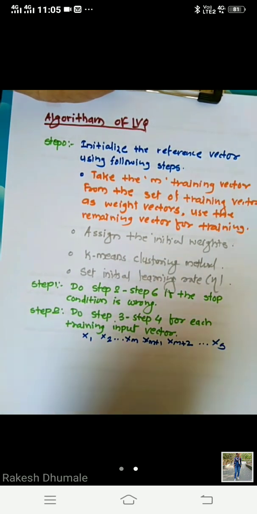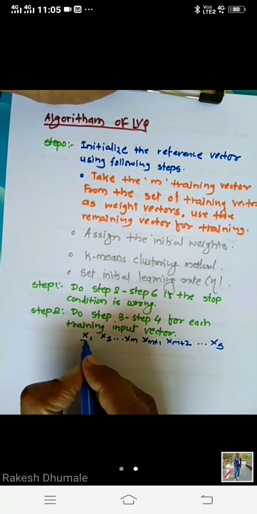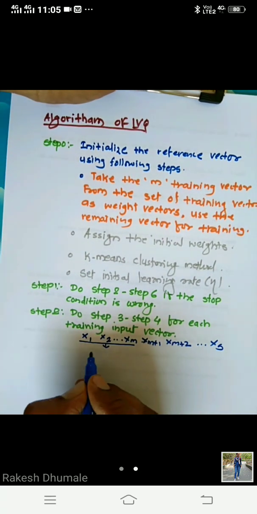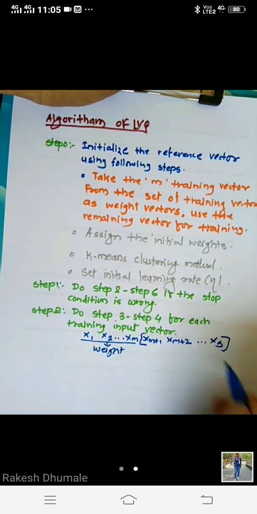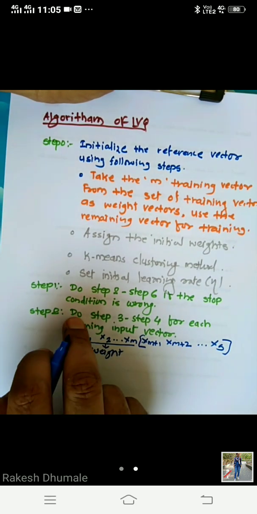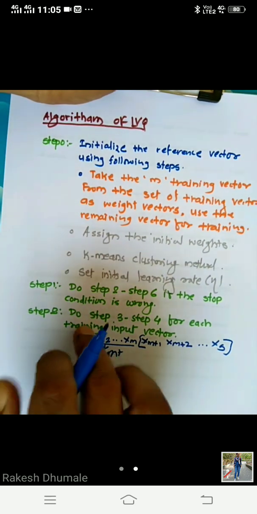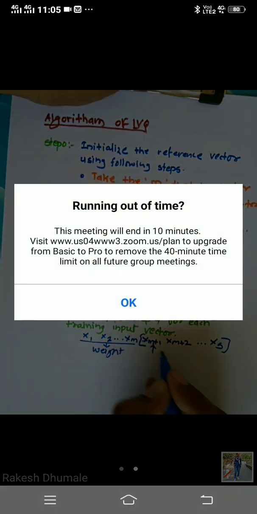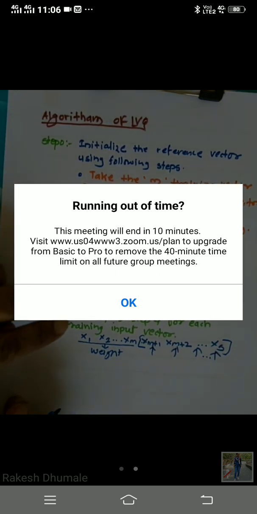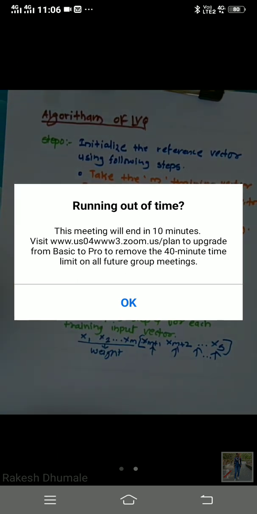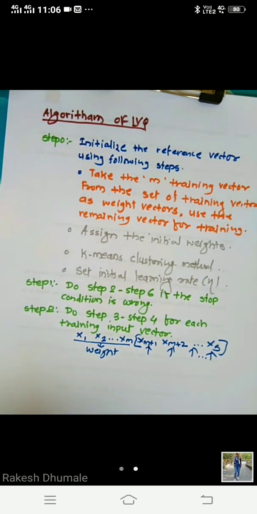Because these are the vectors, these are not elements. This is not i, correct? This is s. Then in this case, we will define x1 to xm as weight vectors, correct? And these are the input vectors, correct? So repeat step 3 to step 4 for each training input vector. So you have to repeat step 3 to step 4 for xm plus 1, xm plus 2, xm plus 3 up to xs. Are you getting this one? Is it correct? So you have to repeat these steps.